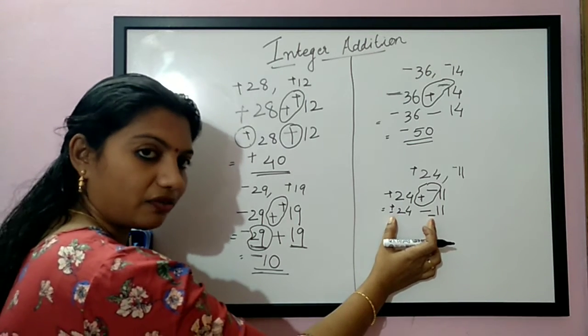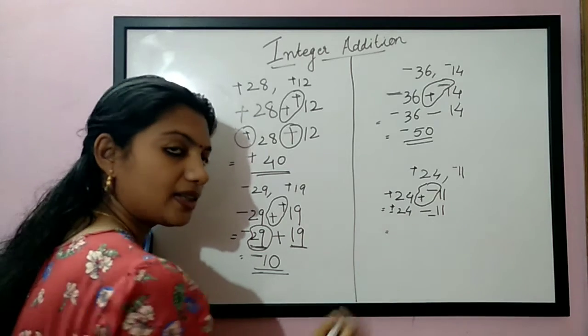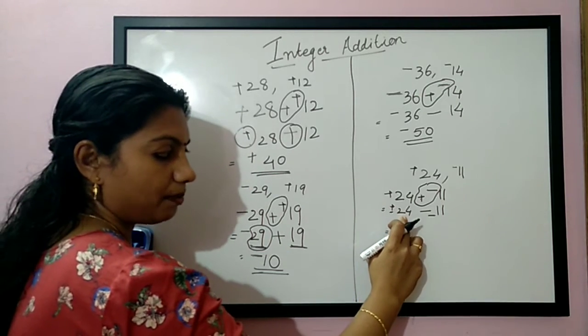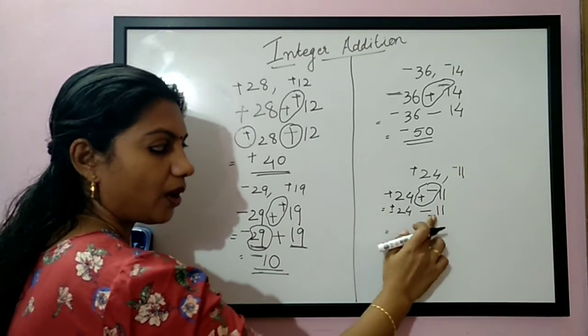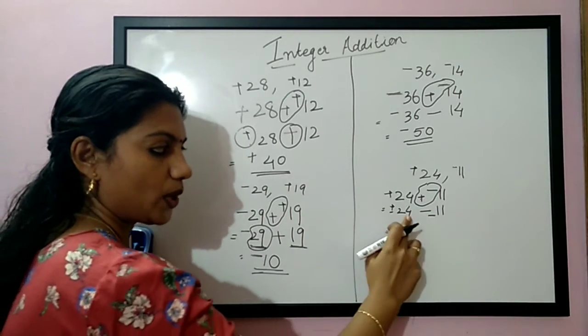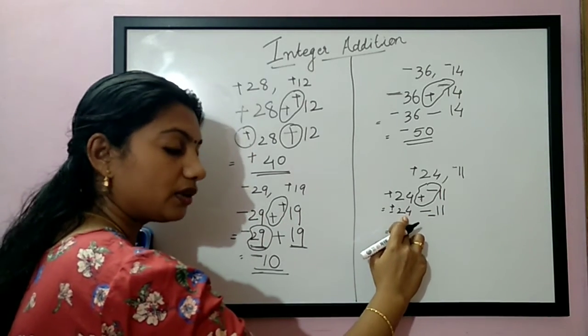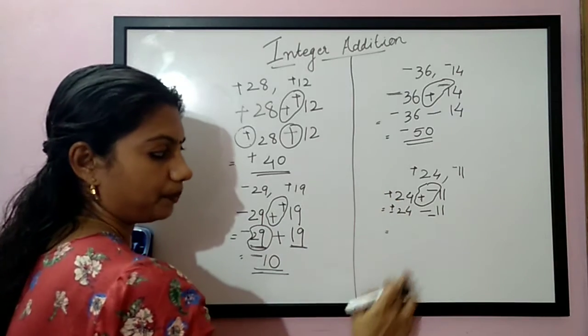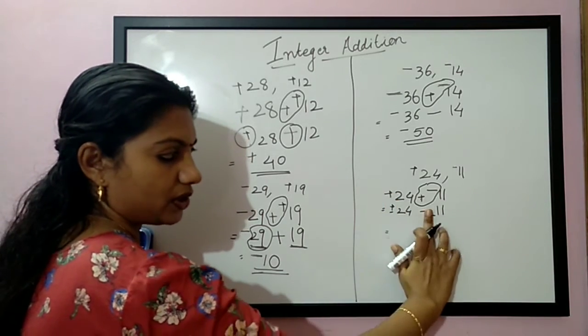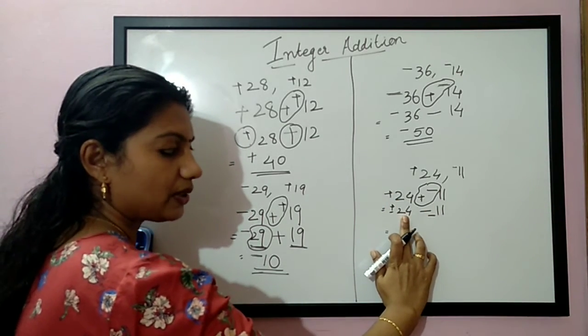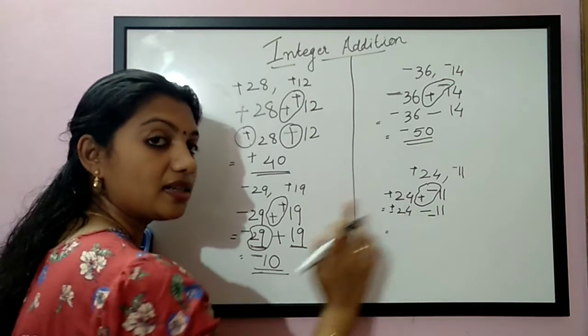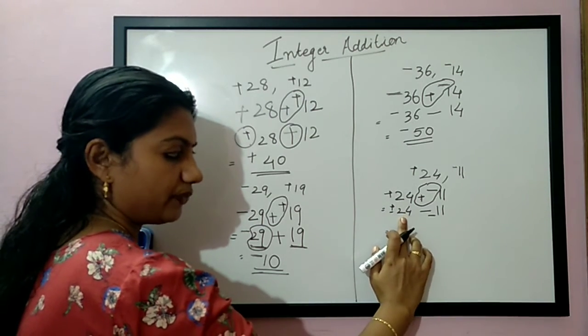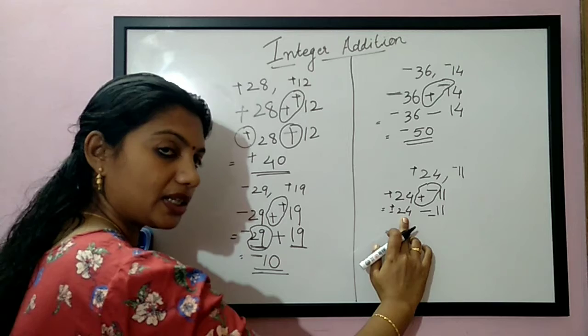So when they are different, the technique is to find which is the bigger number without looking at the symbol, and put the symbol of that number. So I am not looking at positive or negative. I am just looking at the numbers 24 and 11. The bigger number is 24.